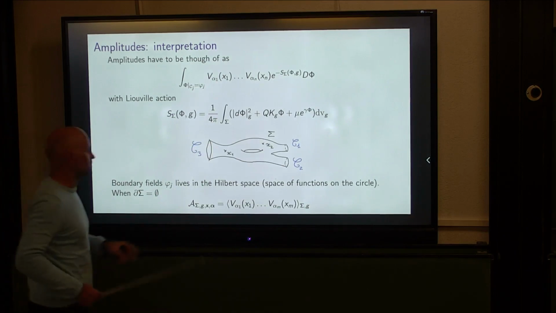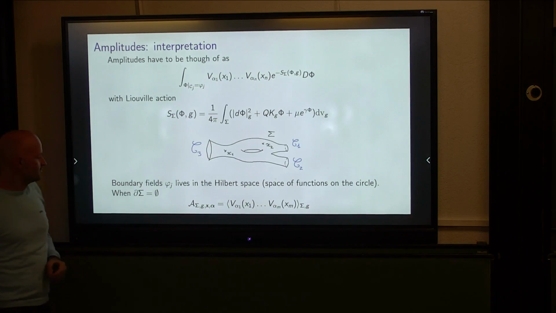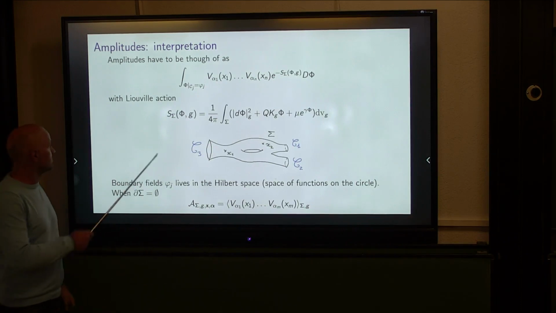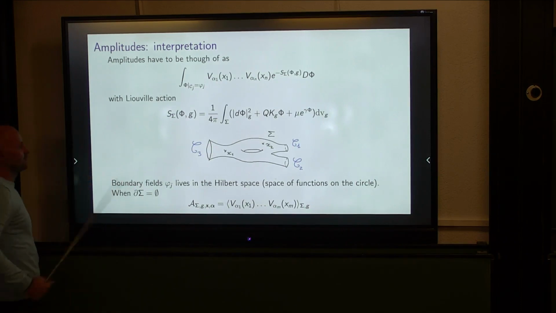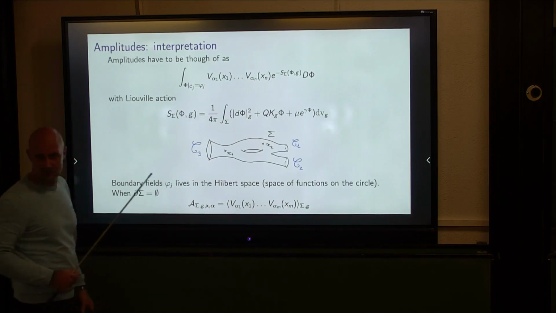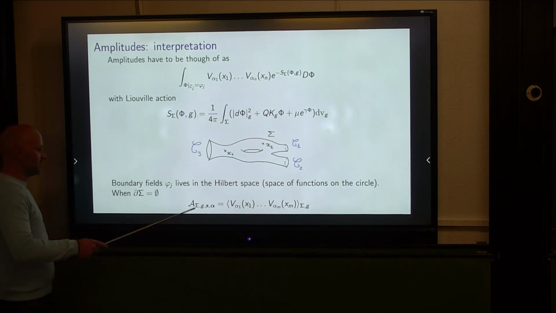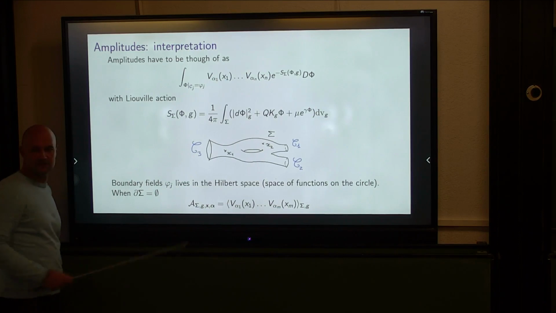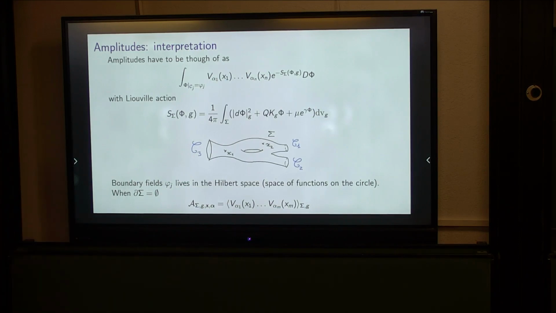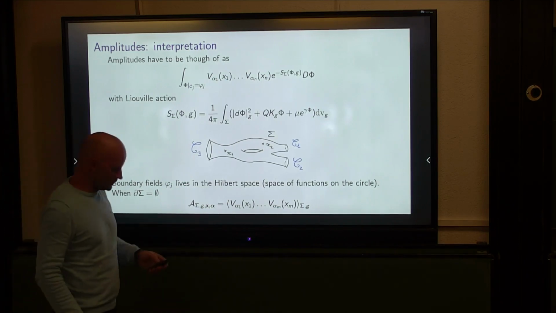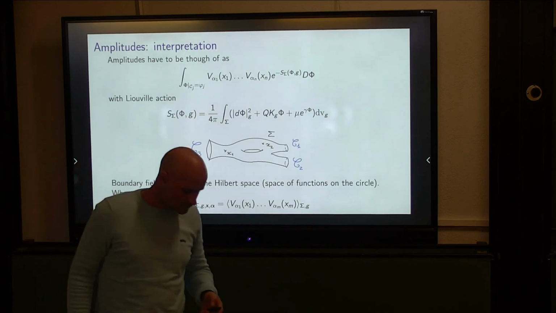It might be the case that your surface sigma is closed, with no boundary, in which case your amplitude is exactly the correlation functions. Okay, so this is the intuition for this path integral.